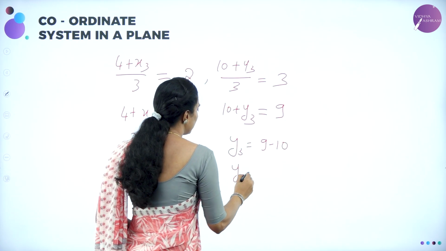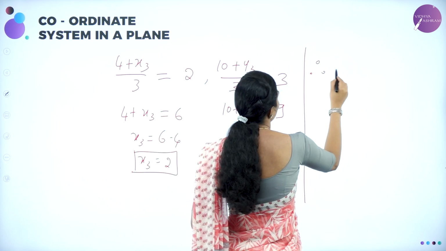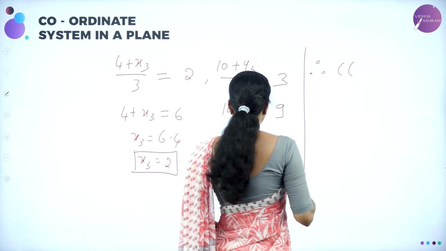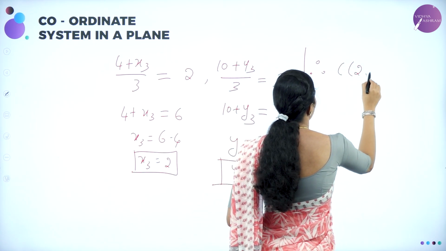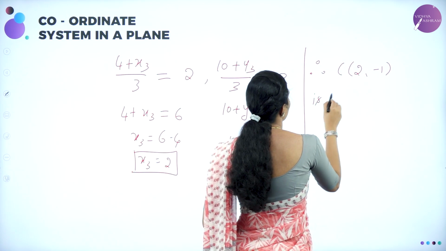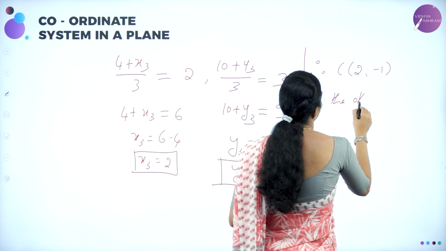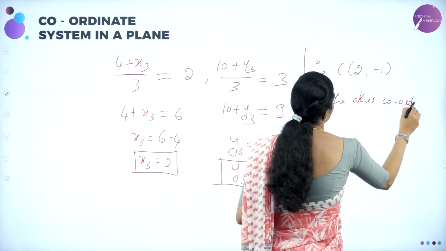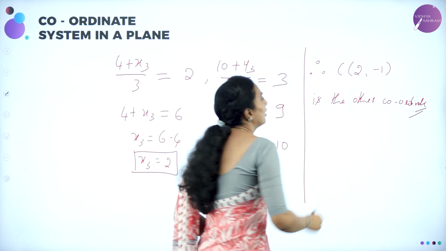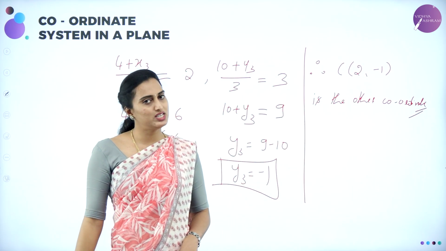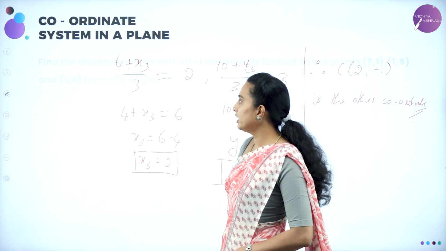So y3 will be equal to minus 1. Therefore, C of x3, y3, that is 2 comma minus 1, is the other coordinate. That's it. Is that easy, dear students? That is the answer for your question. Okay, we'll move on to the next problem.